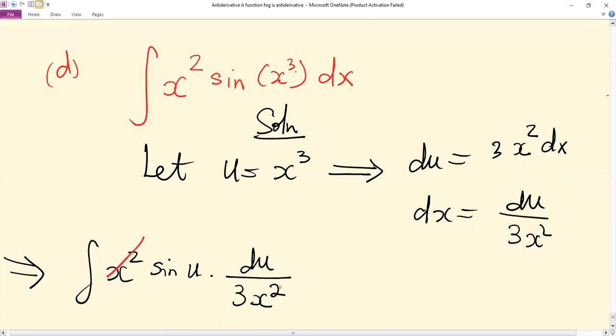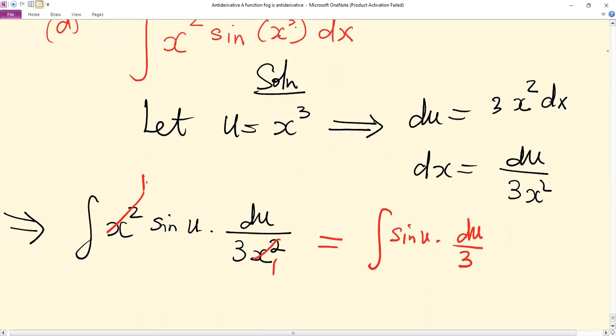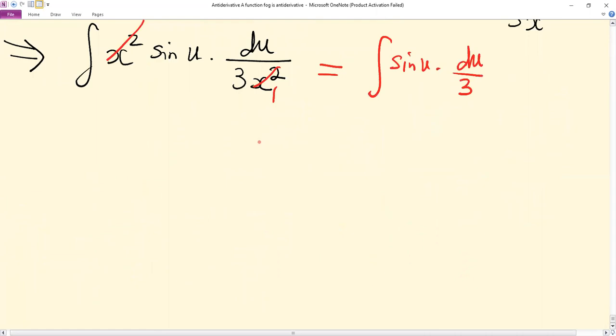So that this integral will be sine u times du over 3. Now the problem is purely in the new variable u. Factor this a third outside the integration sign. So this is the same as a third integral of sine of u du.